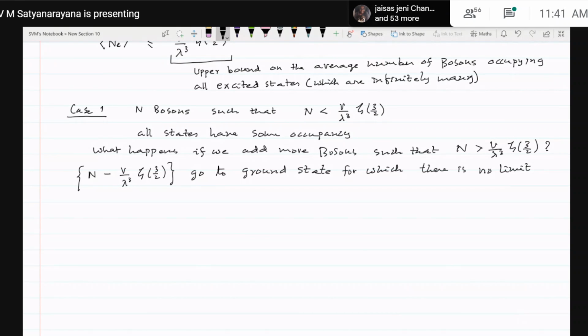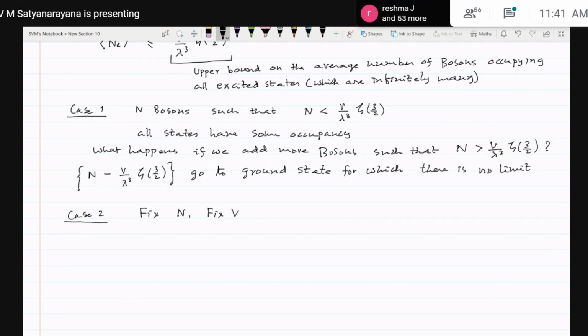This is one case. We could also see it in a different way. Let's look at case 2. Let us try to fix our number of particles. Fix n and fix v.